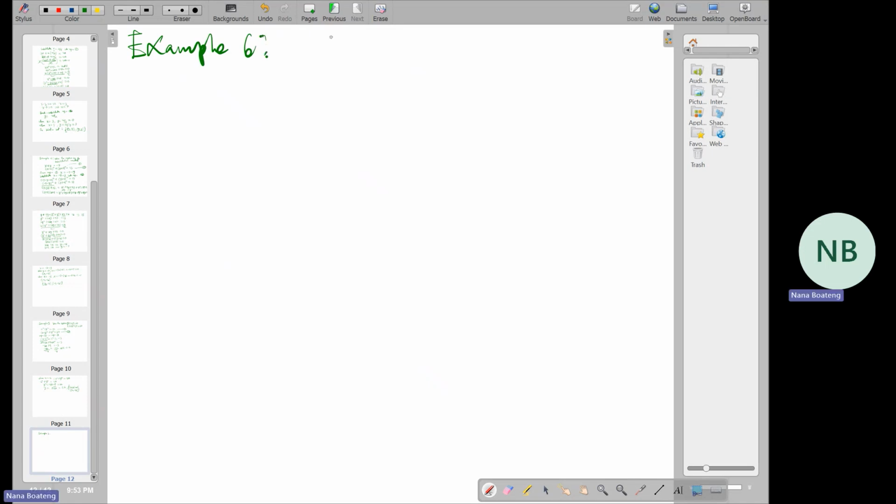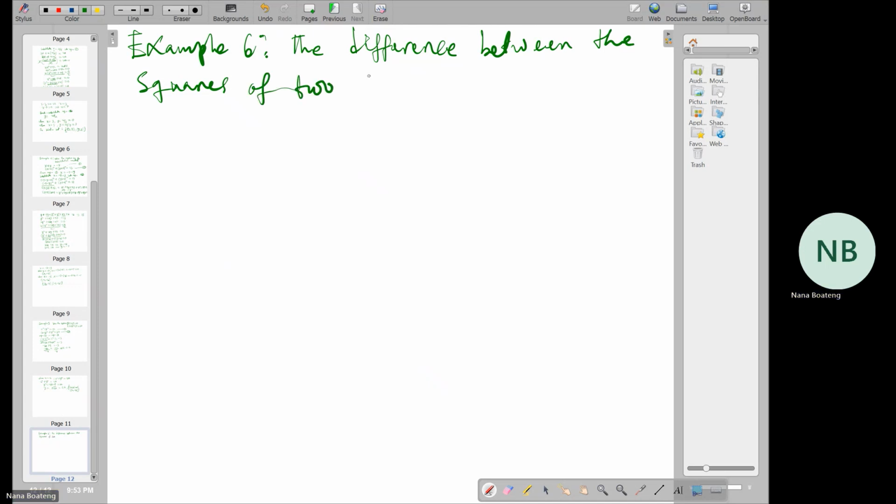And it says the difference between the squares of two numbers is 3.